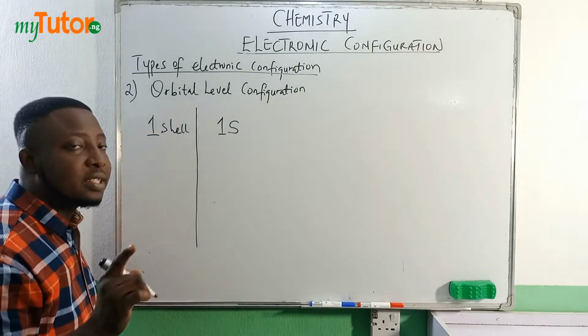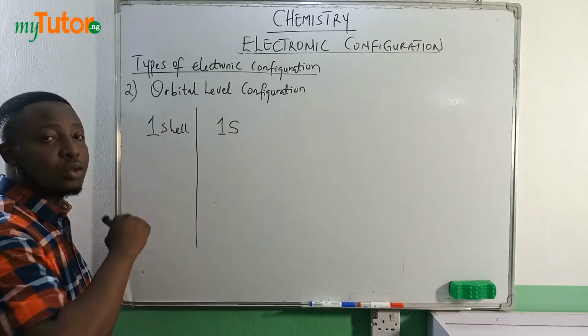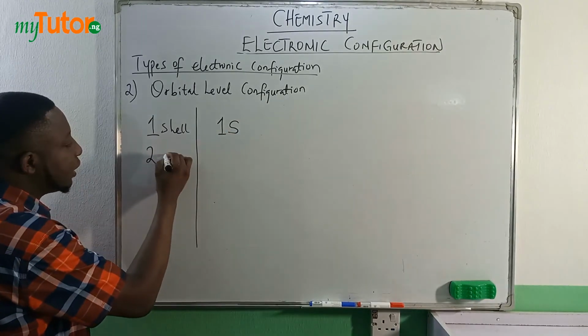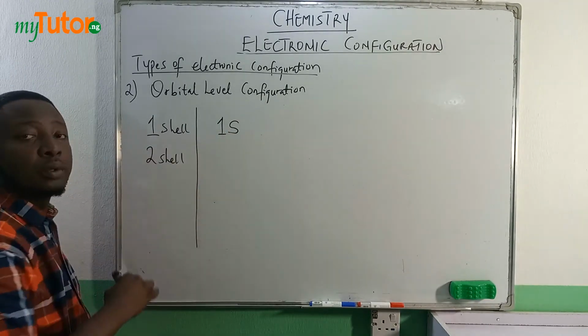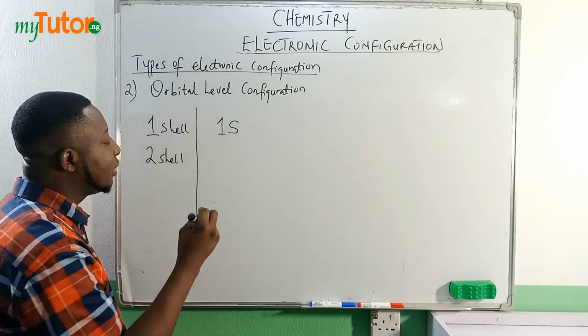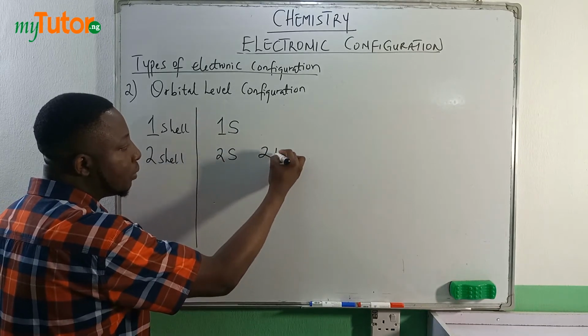So the first shell will have only one orbital, which is written as 1s. The second shell will have 2 orbitals, the s and the p orbital, which is written as 2s, 2p.